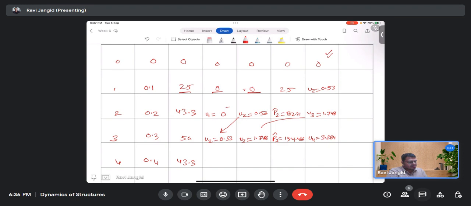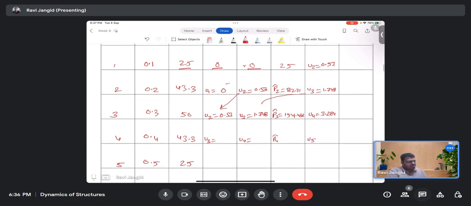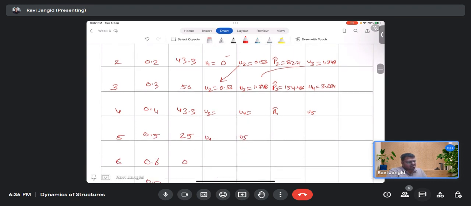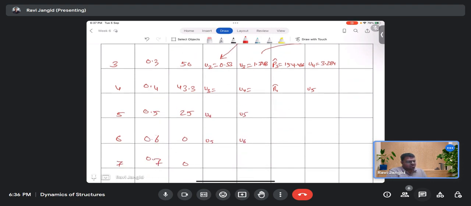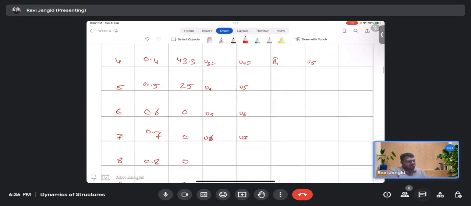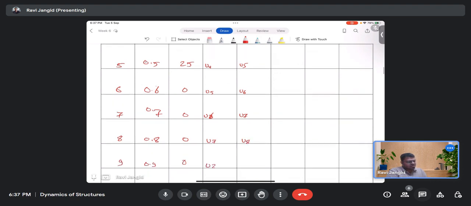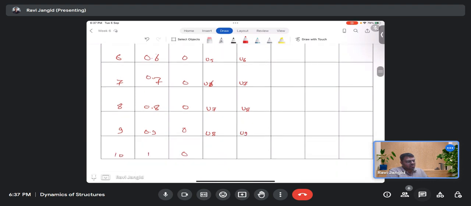Similarly, u3, u4, can you give a try? u5, in this case it would be u4, u5, u5, u6, u7, u6, u7, u7, u8, u8, u9, u9, u10.